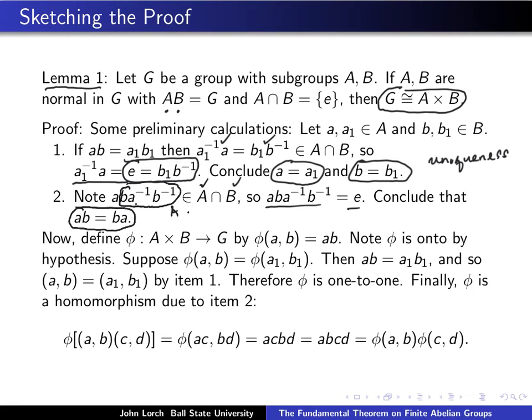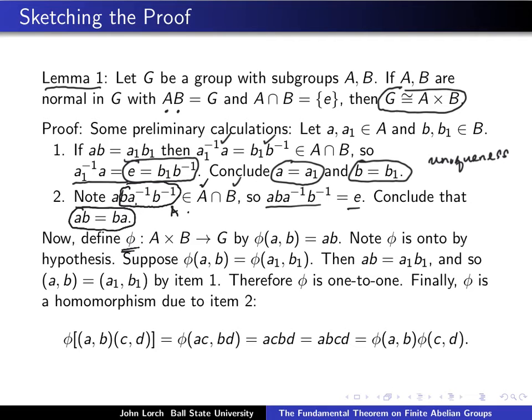So that means we need a function that joins A cross B to G. So let's define a function phi here that will eat elements in A cross B and spit out elements in G. And the way it's going to do it is just going to take an ordered pair, little a comma little b, and multiply them together to give an element of G. So phi essentially is just a multiplication function. Takes something in A, something in B, and multiplies them together.